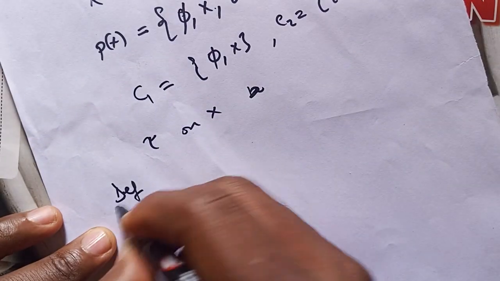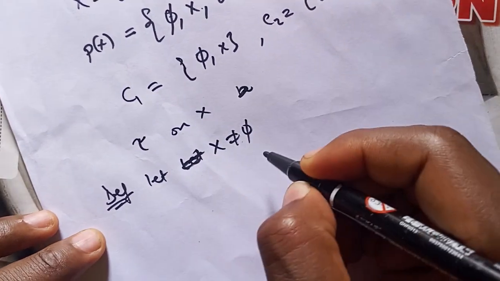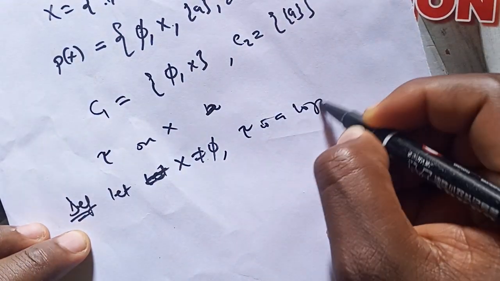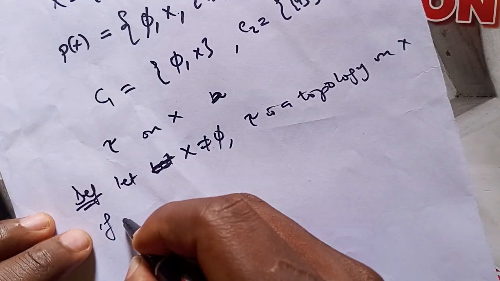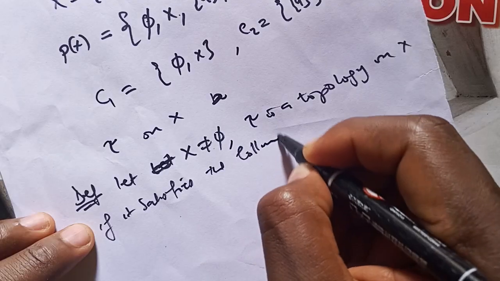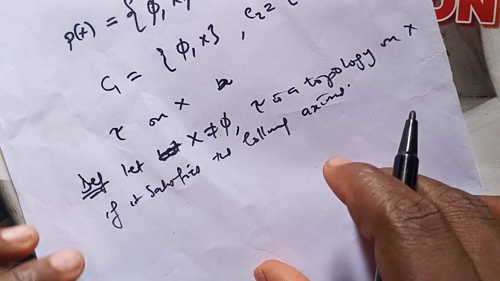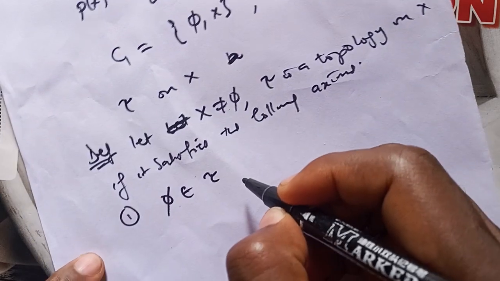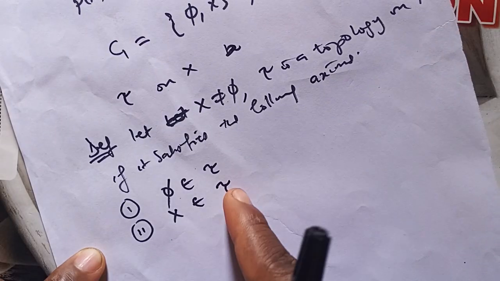Let X be not empty, and we say tau is a topology on X if it satisfies the following axioms or properties. The first property is that the empty set must be in tau. The second property is that the whole set X must also be in tau.